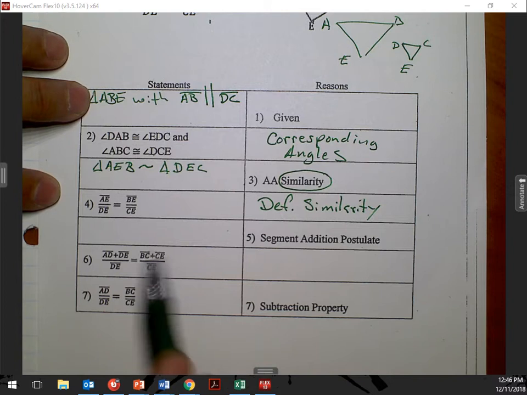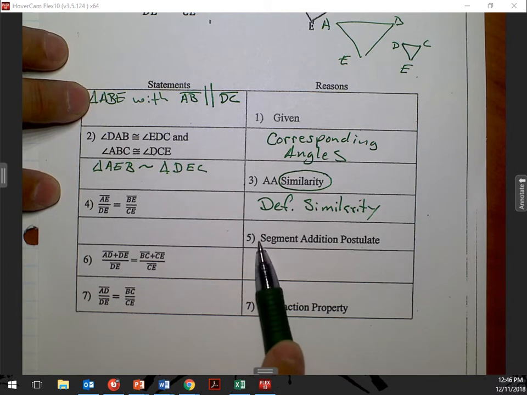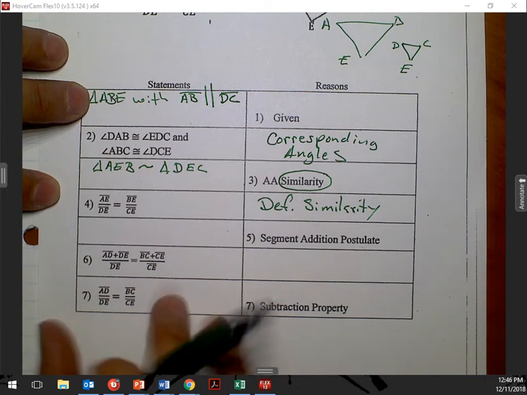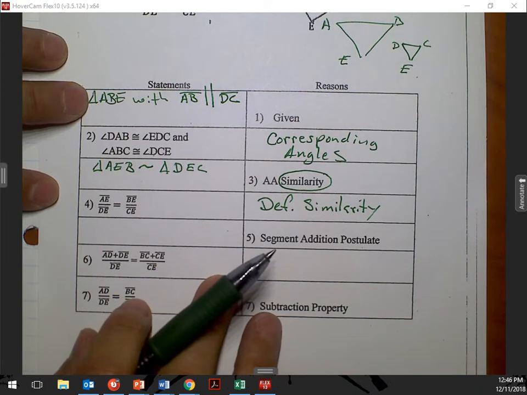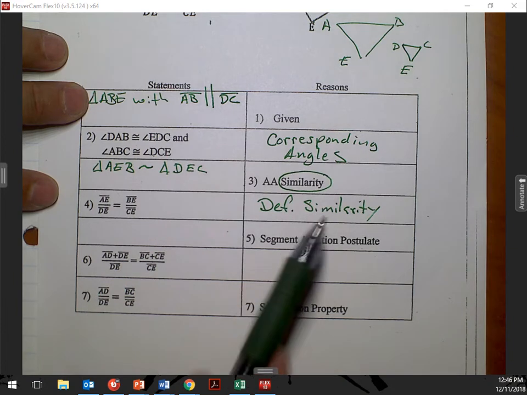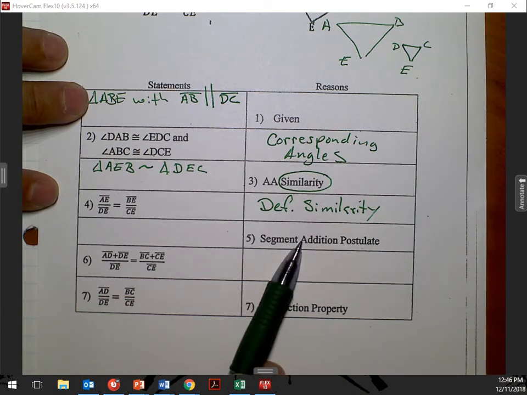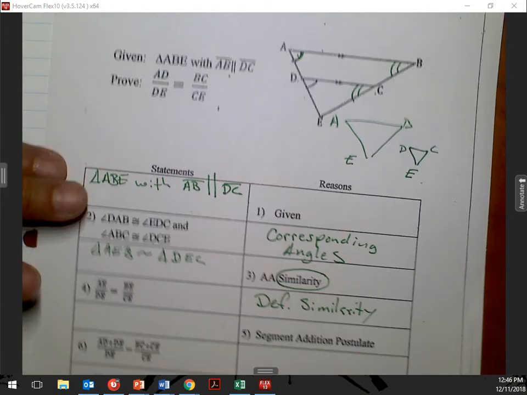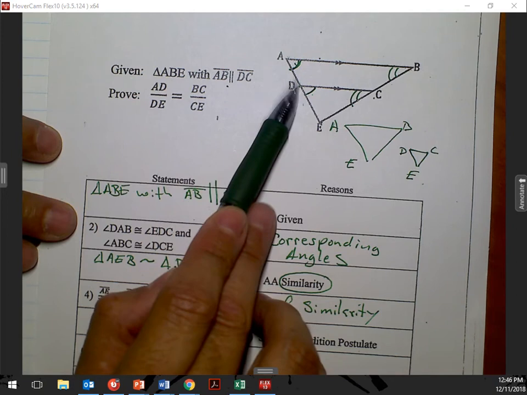Okay, this right here, segment addition. This should go with the wording we're doing here. If we're doing segment addition, what are we going to write? ADCB. We're going to add together two segments, right? Let's look at my segments that I'm going to add together. I'm going to add AD and DE.